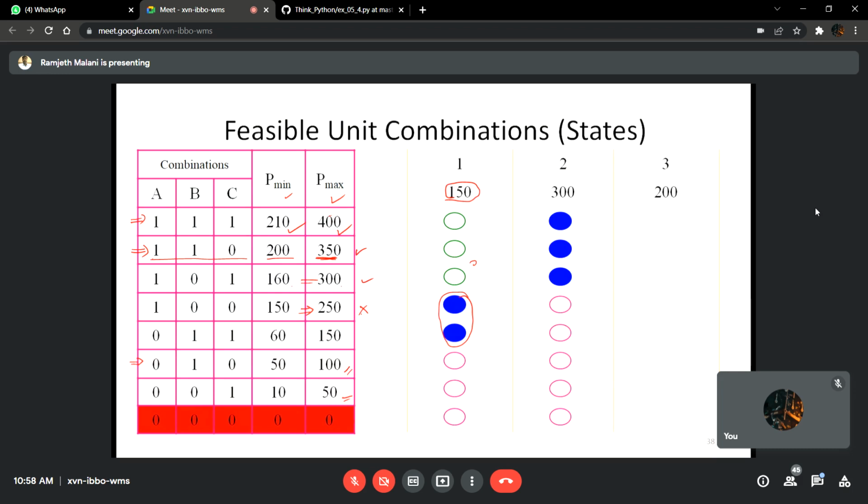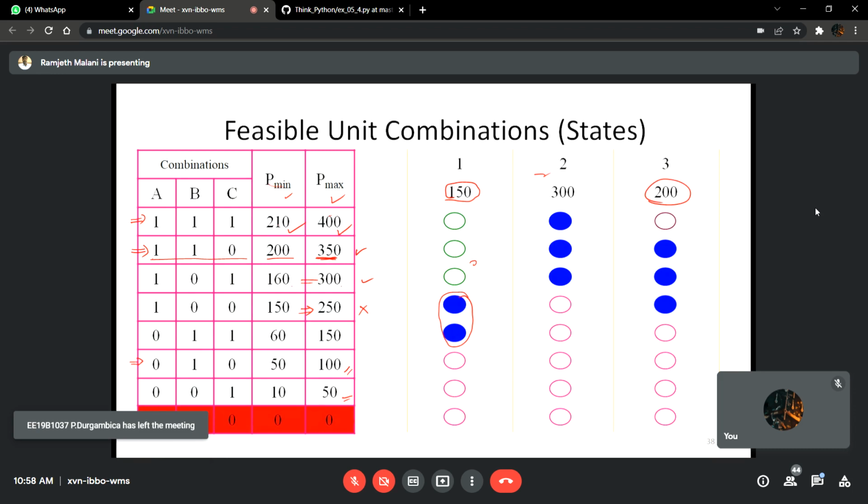Similarly, for the third hour, we have 200 megawatt as the demand. The minimum limit here is 210 megawatt, so we cannot supply with this combination.